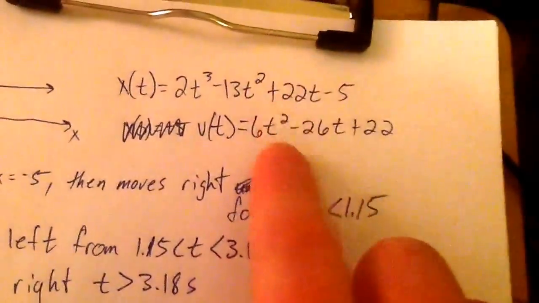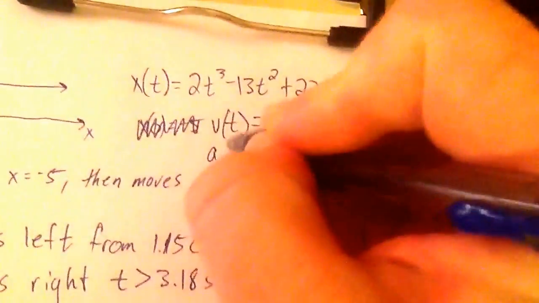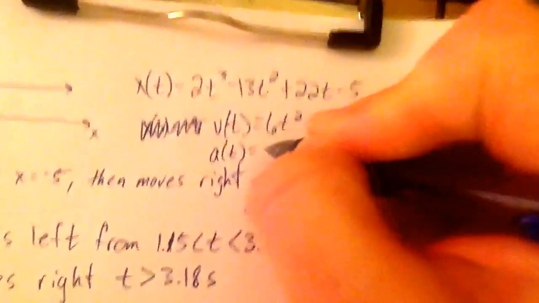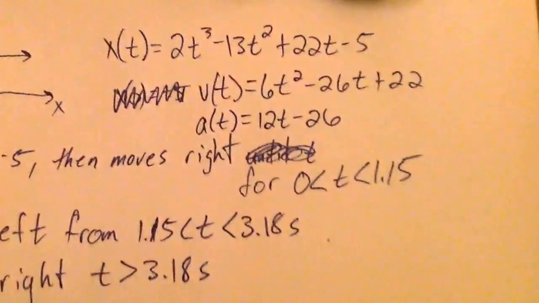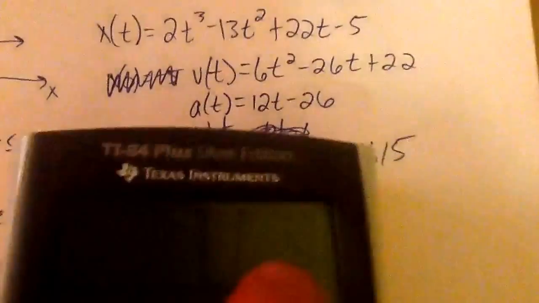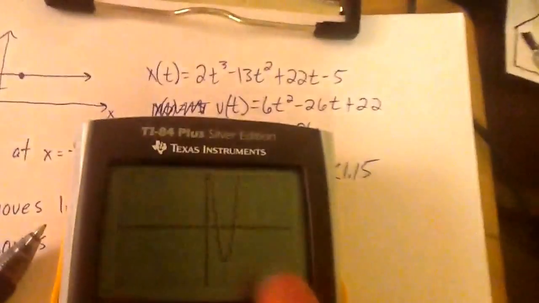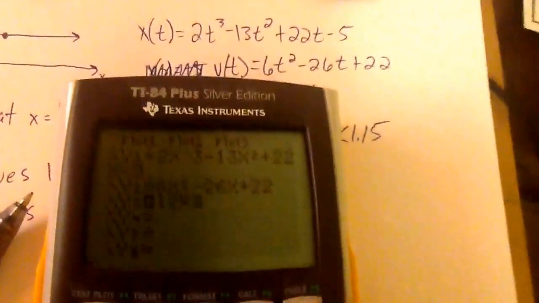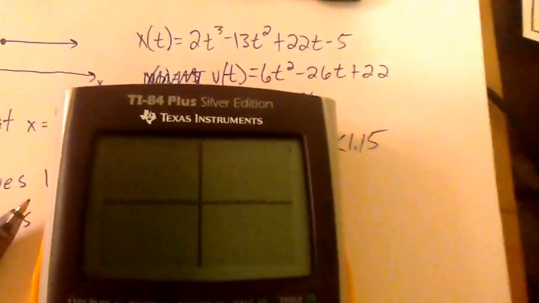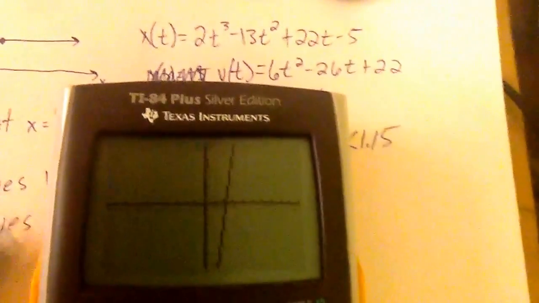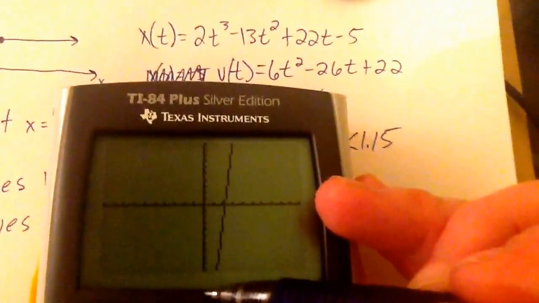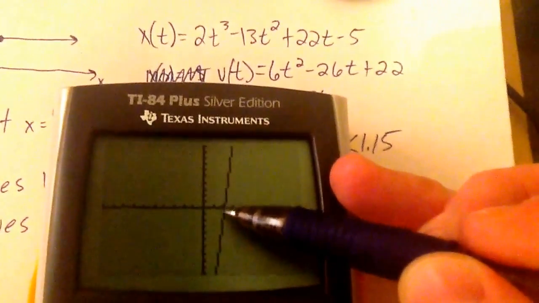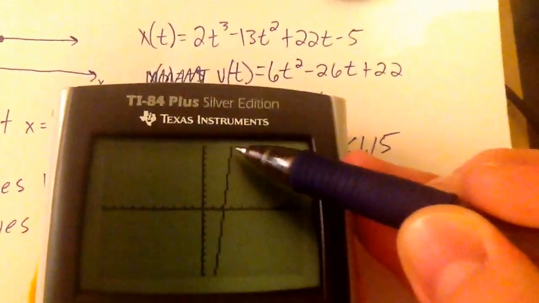So I can get my acceleration function. Just the derivative of that. Acceleration is 12t minus 26. Okay, so we can go ahead and graph that. 12x minus 26. Okay. It's negative from 0 to right there, 2 point something looks like, and then positive after that.